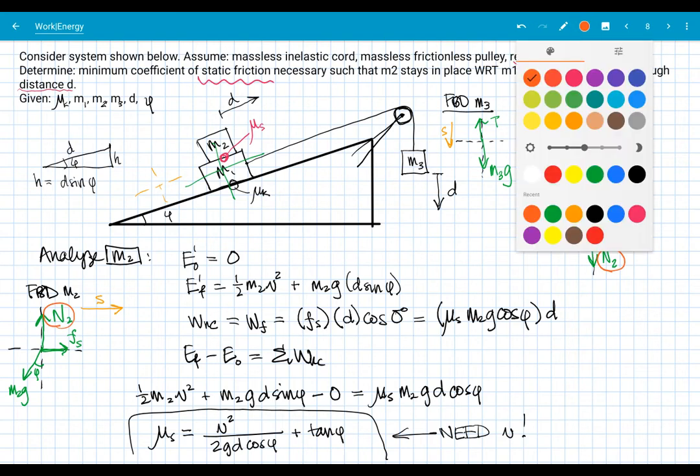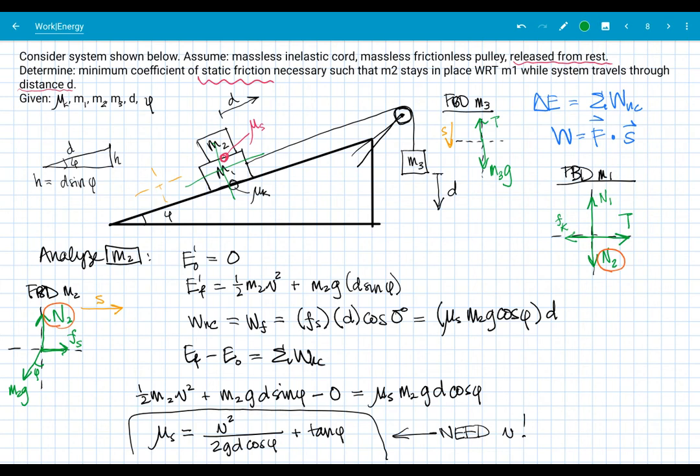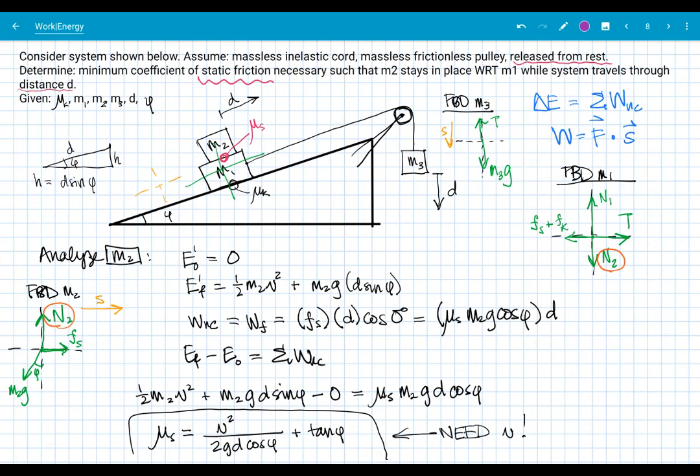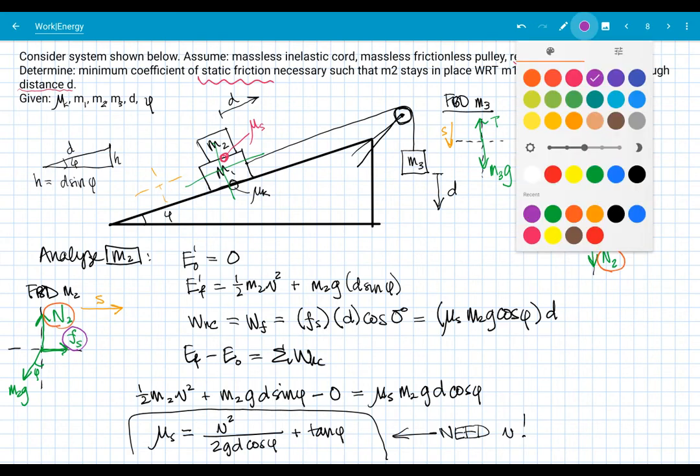What that tells me is that I have static frictional force plus kinetic frictional force. They're both leftward directed. Static frictional force is pointing to the right on block two. It must be equal and opposite on block one, so pointing to the left on block one. We've had this conversation in previous problems when we were doing force analysis applications. I know this tends to be a little bit weird for students, but hopefully you're getting a little bit more comfortable.